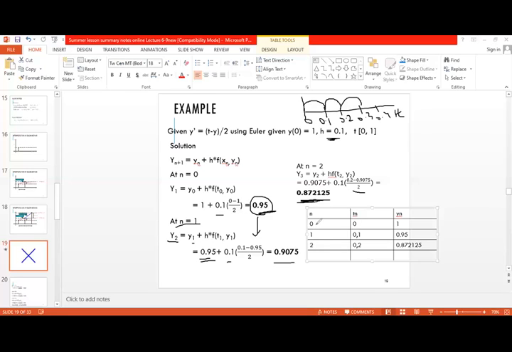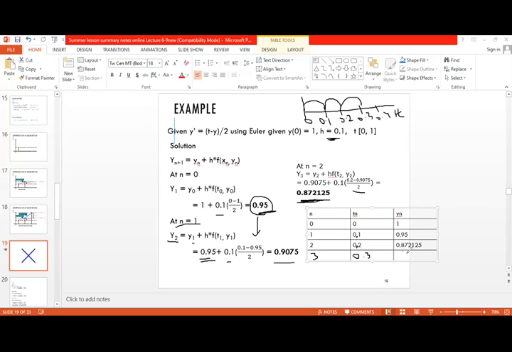Whilst you're working, you're going to generate a table with the corresponding steps. At n equals 0, that's the initial point, you have t equals 0, y is 1. At n equals 1, t was 0.1, y was 0.95. At n equals 2, t was 0.2, y is 0.9075. You have to find the value at n equals 3, which will be t of 0.3, and then you need to find this.